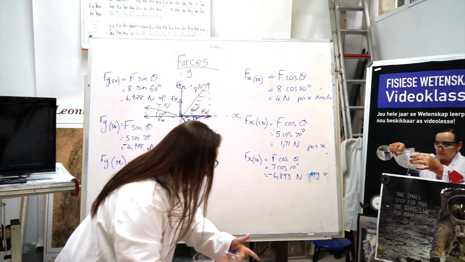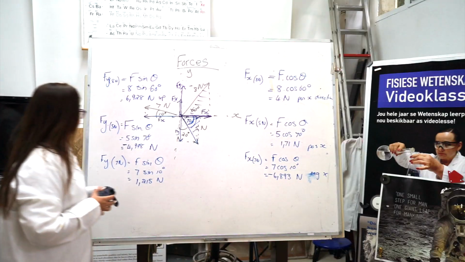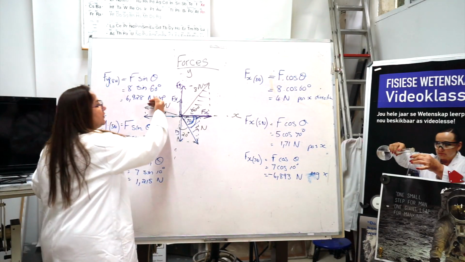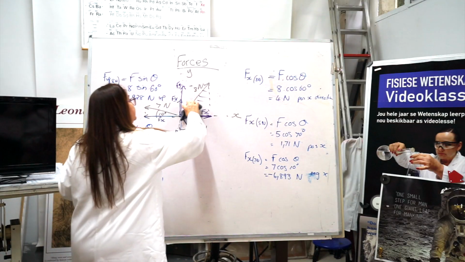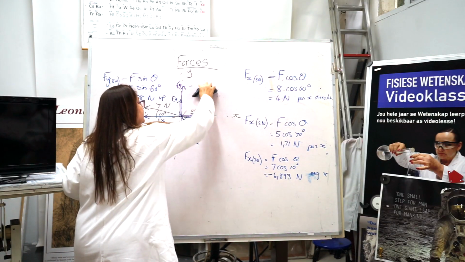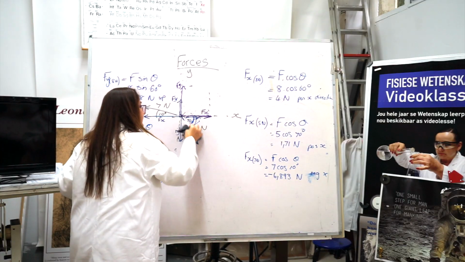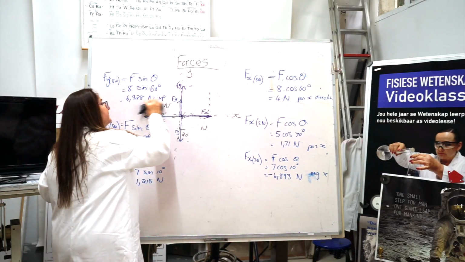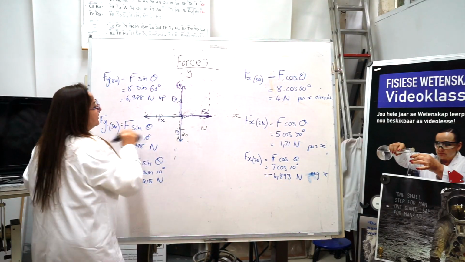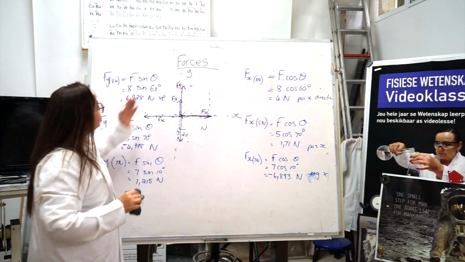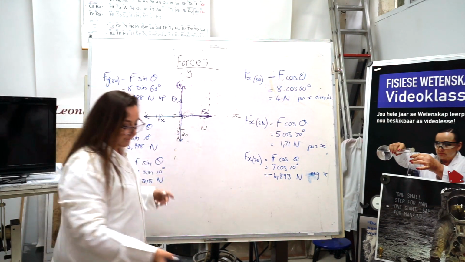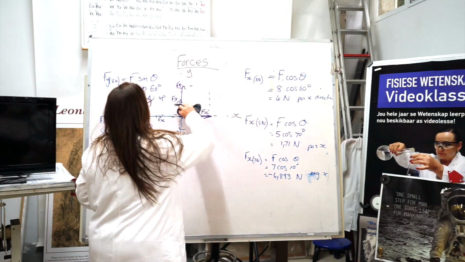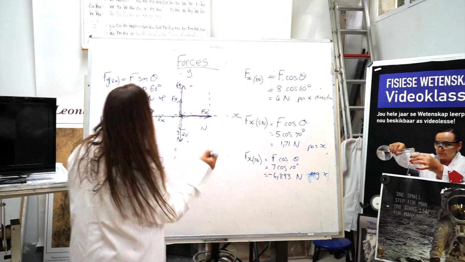Now I want to show you quickly what has happened. What has happened is we broke down each of these original vectors into different components, which means basically I can now remove them. They do not exist anymore. They only exist as an x component and a y component. So I'm going to use again the purple for the x components.